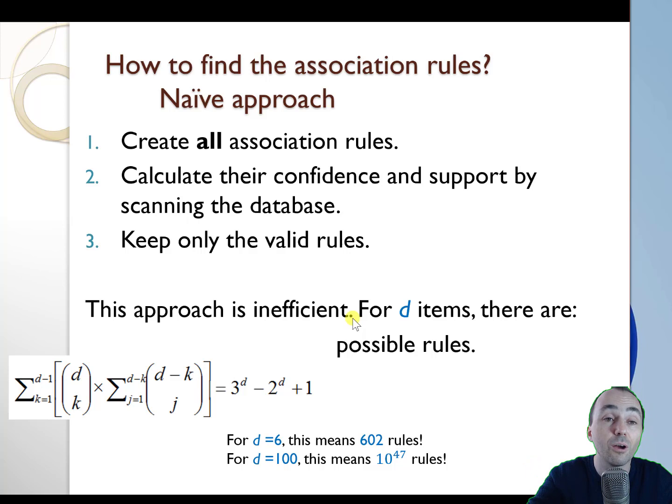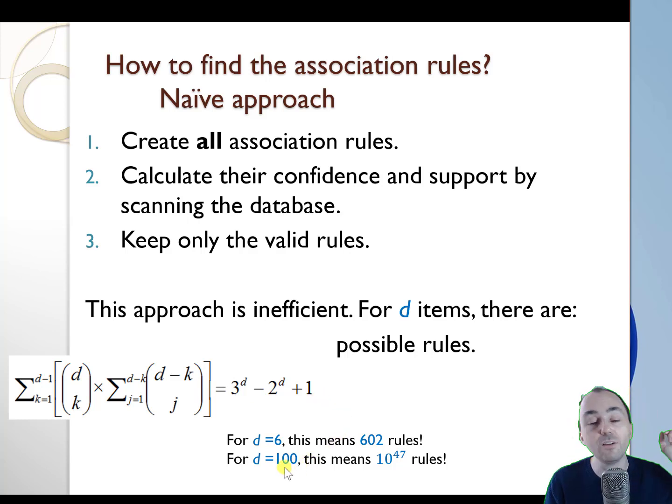Okay. So of course we could do this, but it will be inefficient because the number of possible rules is very large. I will not do the proof here, but in general, if you have D different items like pasta, orange, bread, and so on, the number of rules will be 3 to the power of D minus 2 to the power of D plus 1.